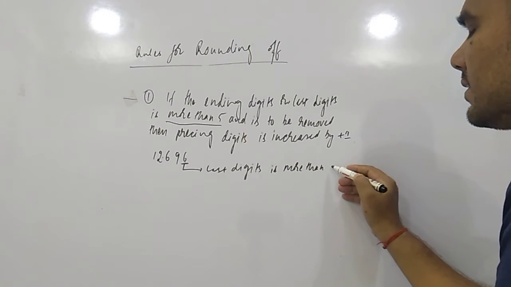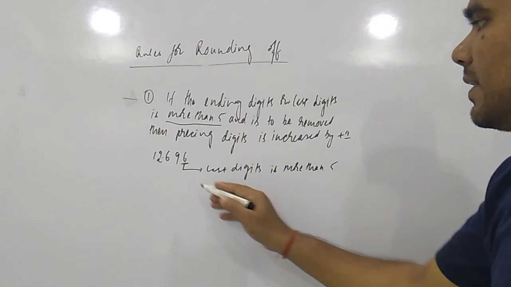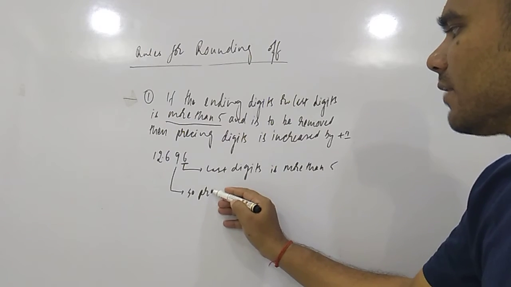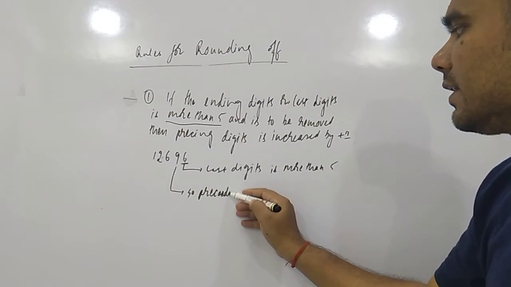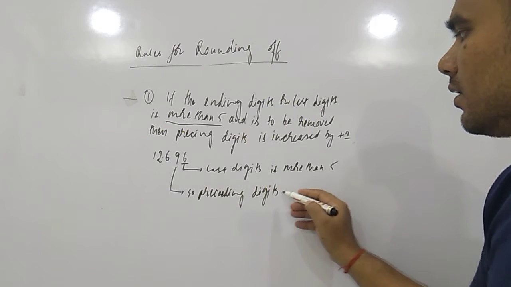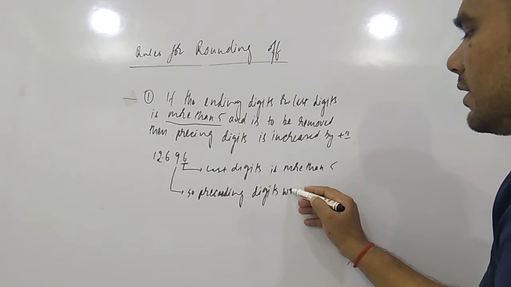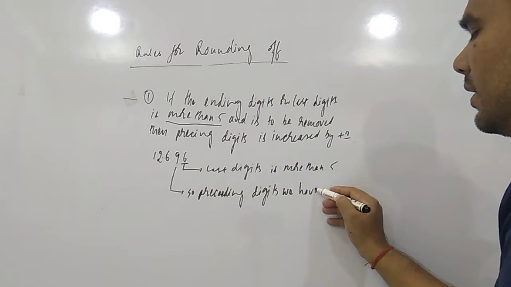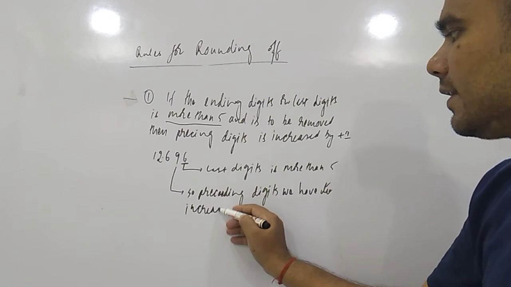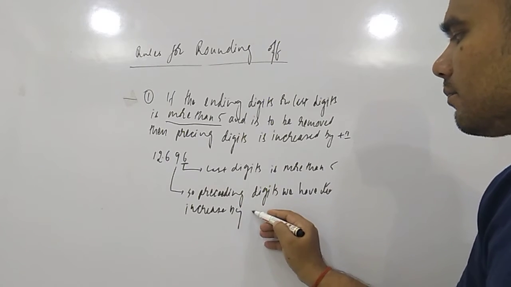So the preceding digit we have to increase by 1, that is, plus 1.